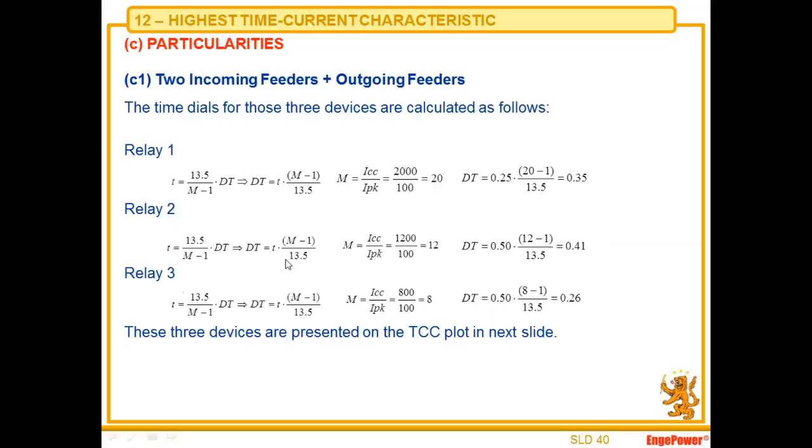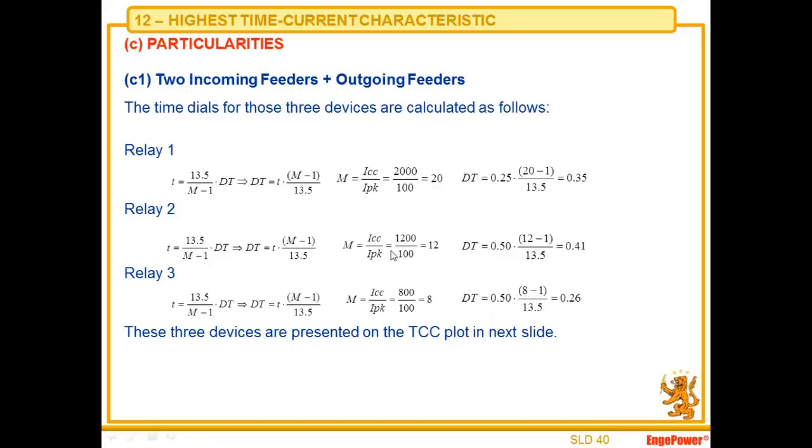And I do the same for relay 3, and the current is 800 divided by 100 is 8, the multiplier. The incoming have the same time, 500 milliseconds, multiplied by 8 minus 1, divided by 13.5, we get 0.26 for the time dial.